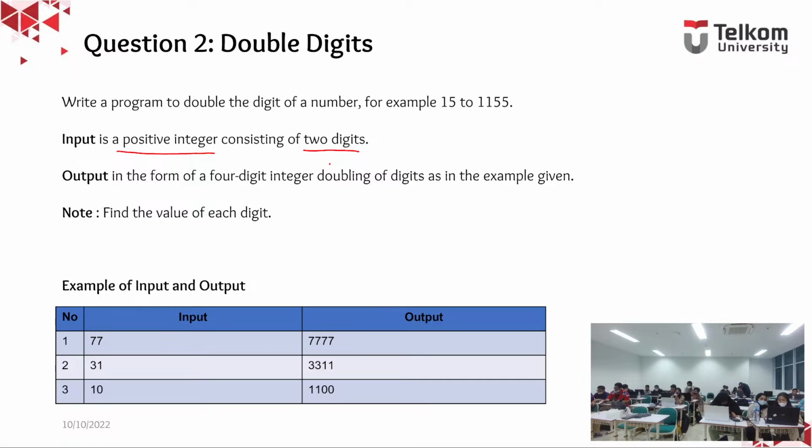Latihan guys, latihan. Okay, I'm going to share some, maybe solve it. So the input must be 2 digits, right? And you can separate it into 2 parts. I don't know how to mention it in English, but when you learned in primary school, you were taught puluhan and satuan, right?